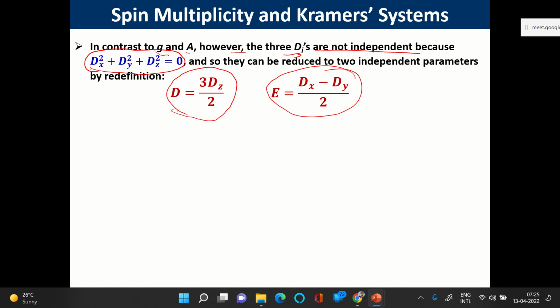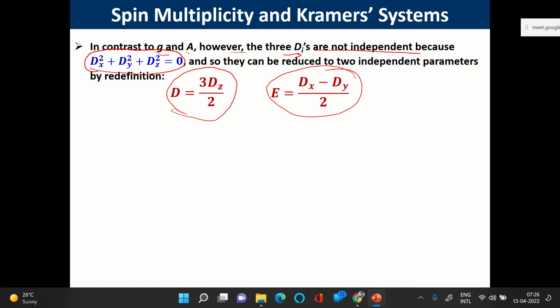So the component along z is 3 by 2 Dz. This is called D, capital D, denoted by D. And we also define another term, E, capital E, that is (Dx minus Dy) by 2.